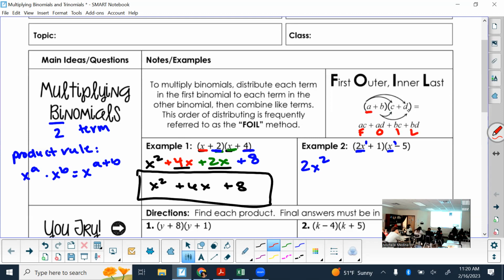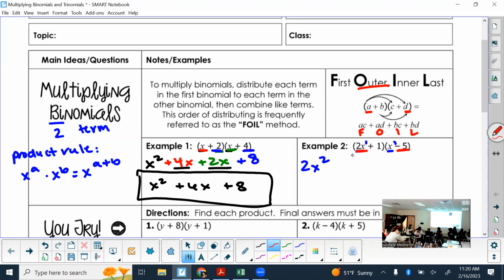So the outer numbers are literally on the outside of the problem. So table 7, what two numbers am I multiplying together next? 1, 5. No, that would be my last numbers. Right now we're on outer. So 2x is one of them. What's the other outer number?